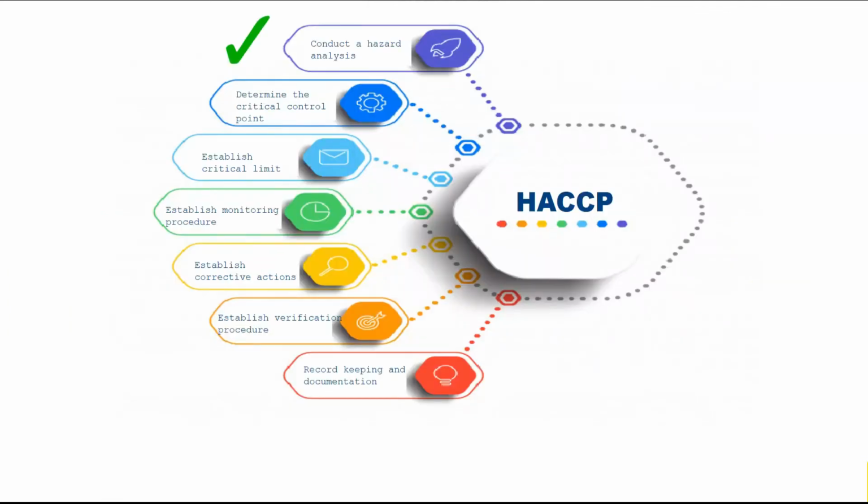So in today's video we have discussed all the points: hazard analysis, critical control points, establishing limits, establishing the monitoring procedure, then corrective actions, then the verification procedure, and the last is record keeping and documentation. If you want more details on record keeping and documentation, I can make another video on your request. Just write in the comments.